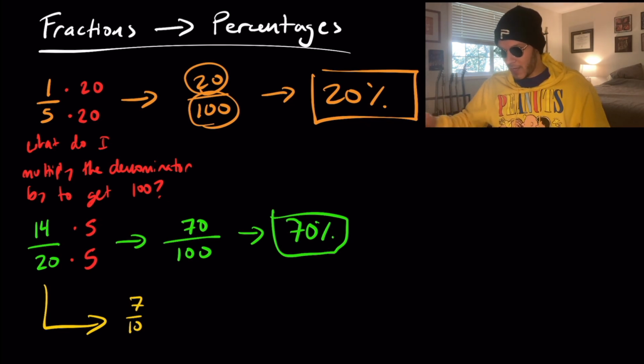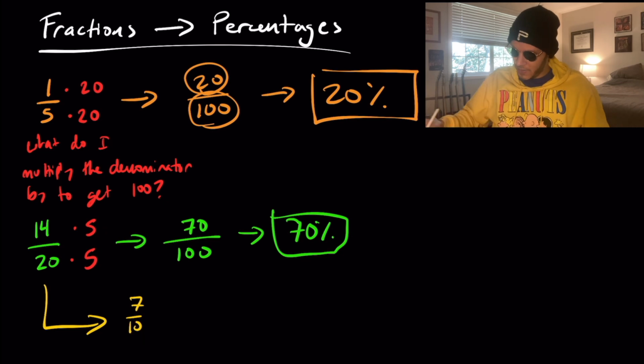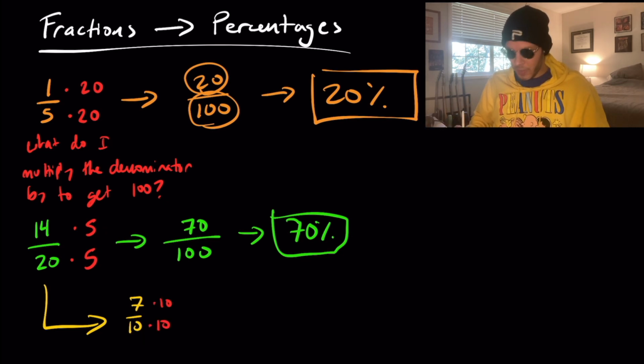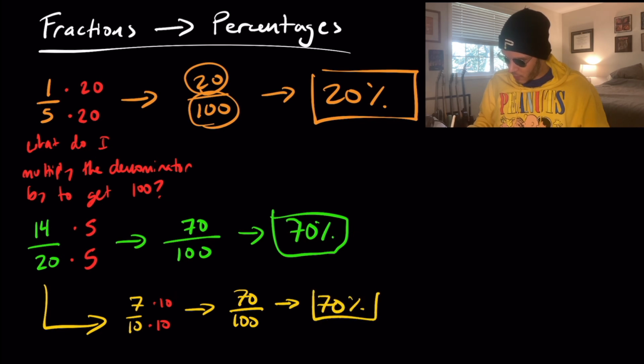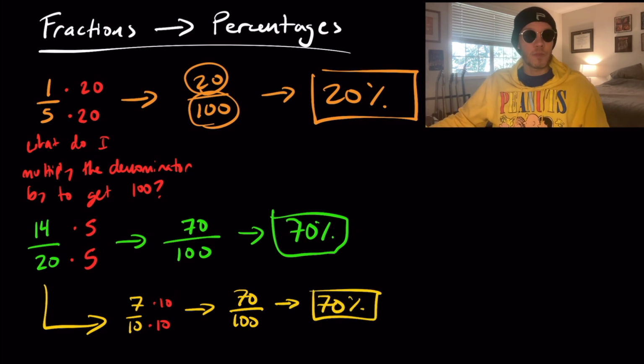What would I multiply 10 by to get 100? That's going to be 10. So multiply the numerator by 10 as well, and I will get, again, 70 over 100, which is 70%. So if you see an opportunity to simplify your fractions first, I like to do that, get it out of the way, so that you're working with smaller numbers.